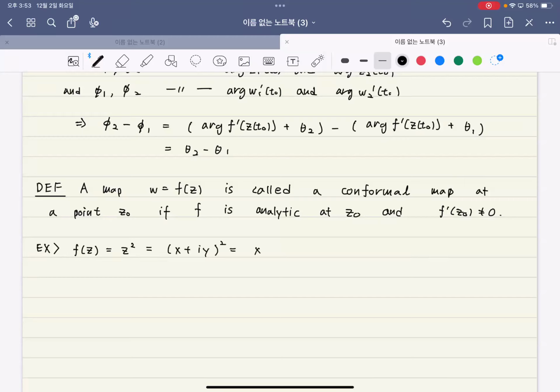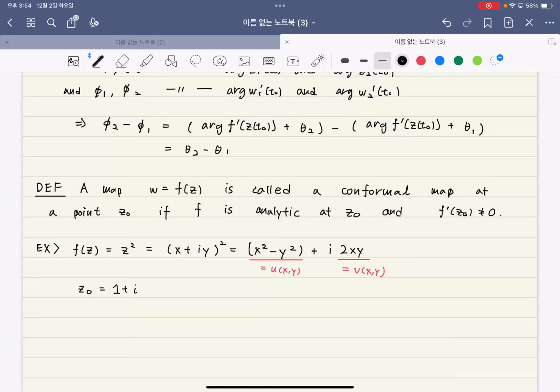So this is x squared minus y squared, plus i times 2xy. This guy is going to be my u, and this guy is going to be my v. And for convenience, let me choose my point z0 equals 1 plus i.